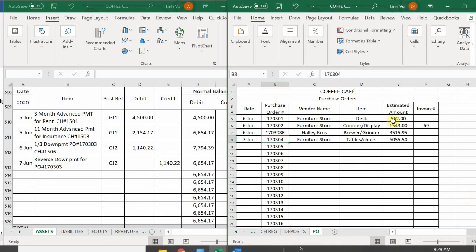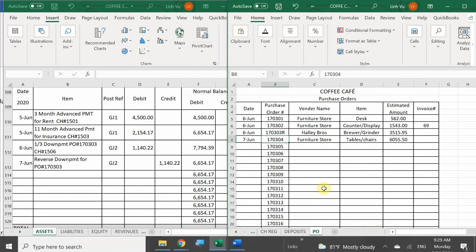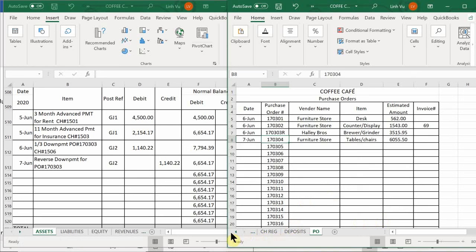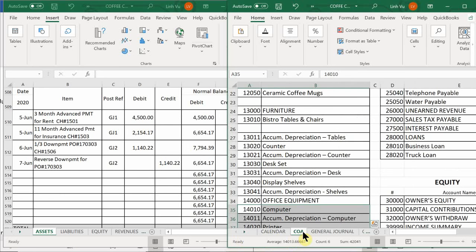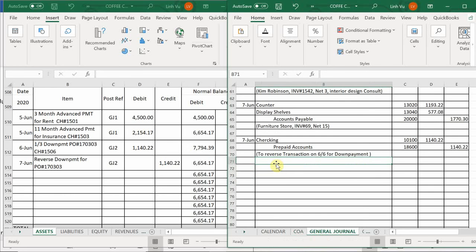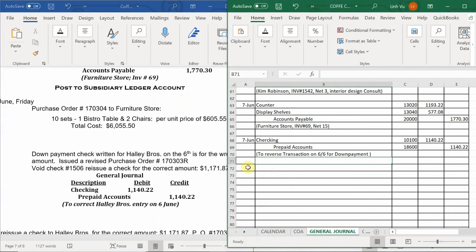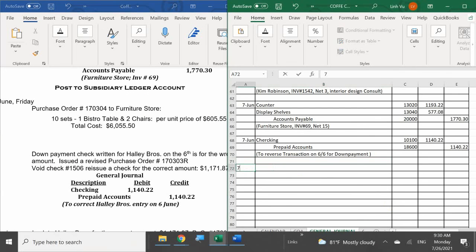So now that I have that R on my 303 purchase order, I can now go ahead and go to my journal, and now I can enter it in for the correct amount. All right, because we're going to be entering it in. This is the re-entry part of the journal.